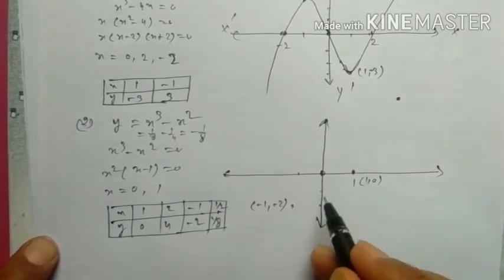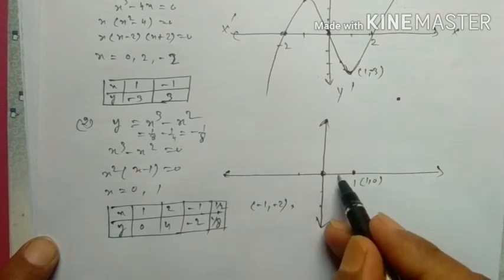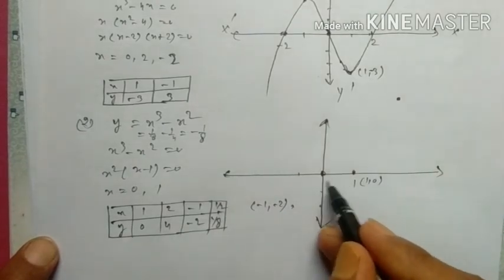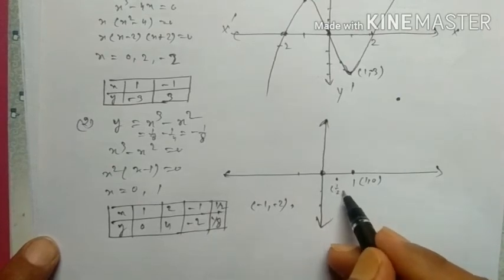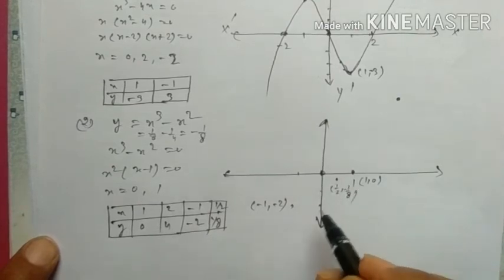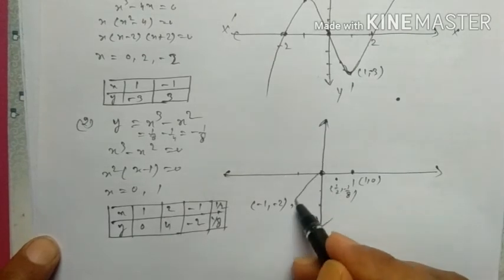So this point is x equal to 1/2, y equal to -1/8. So the graph will be like this.